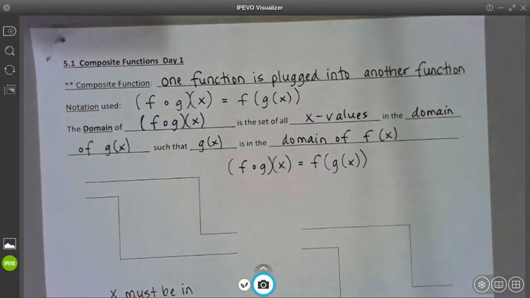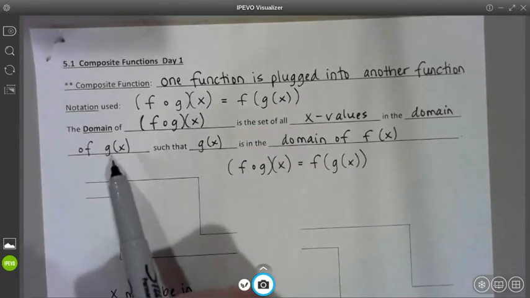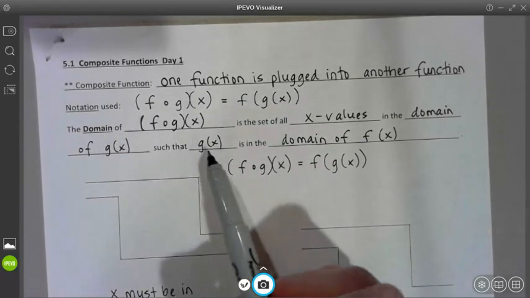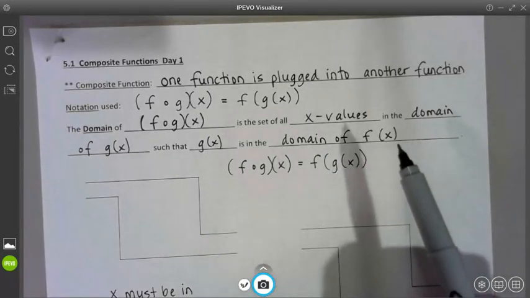Okay, so basically it's saying that the domain consists of x values that first are in g of x's domain, and then g of x has to be in the domain of f of x. And again, that can be a little bit hard to understand.